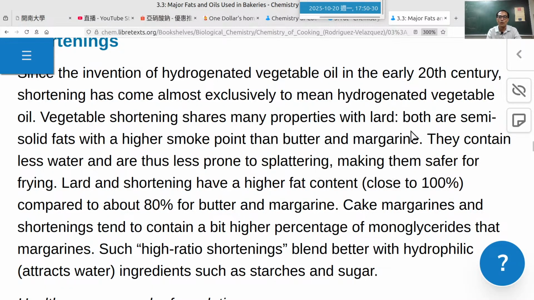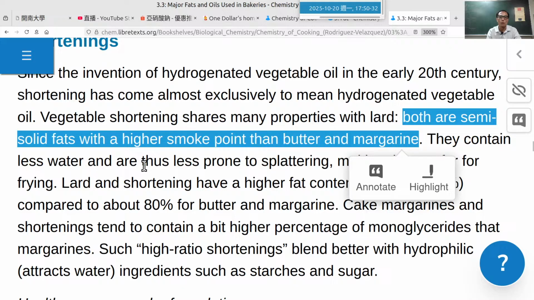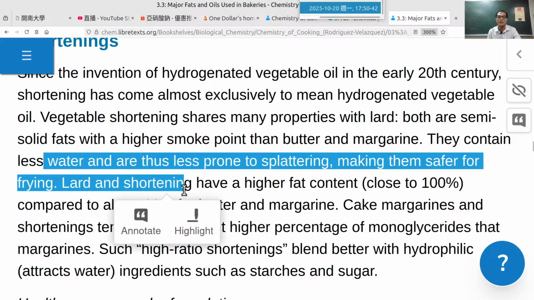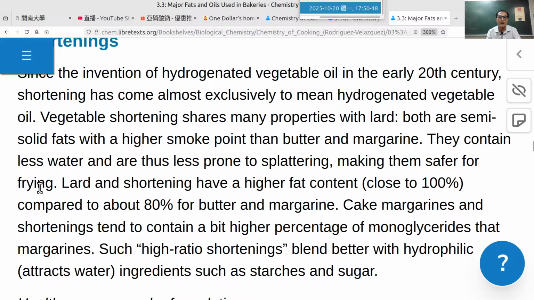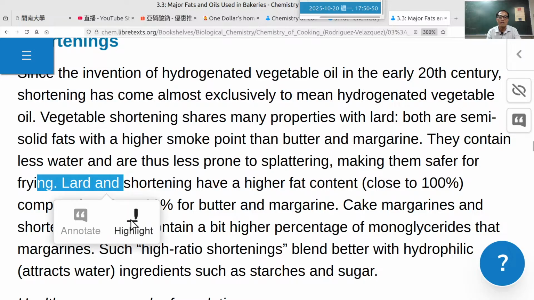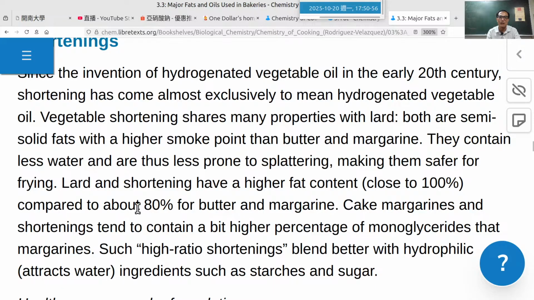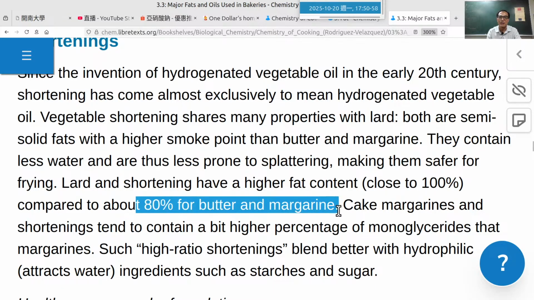Both are semi-solid fats with higher smoke points than butter and margarine. They contain less water and are less prone to splattering, making them safer for frying. And lard and shortening have higher fat content, close to 100%, compared to 80% of butter and margarine.